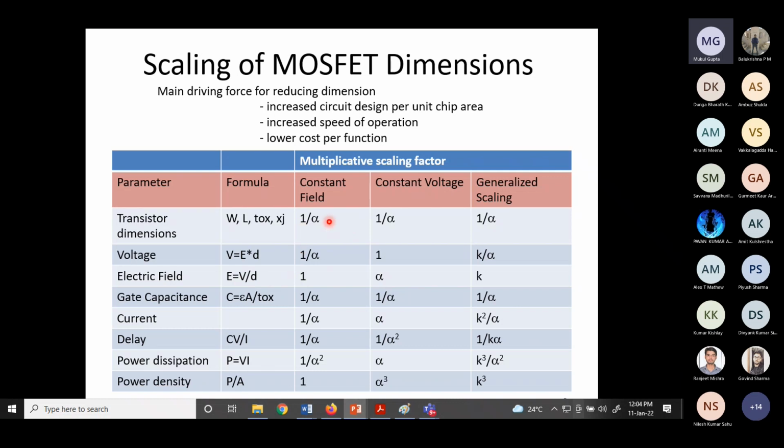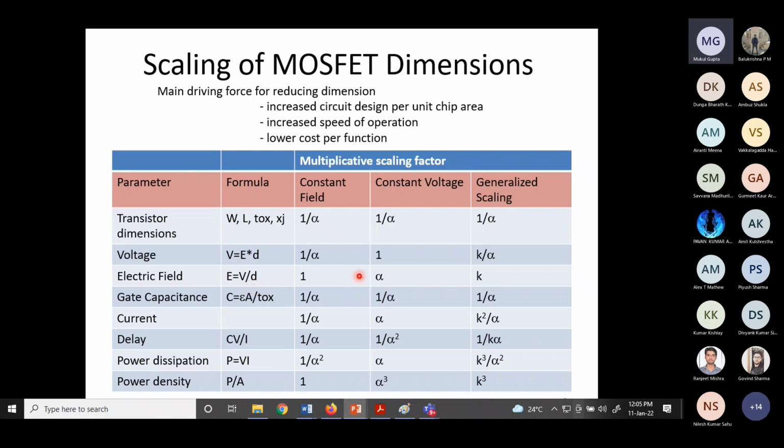As we reduce the dimension of the FET, we have to reduce the voltage so that the field remains constant, because the field is equal to V over D. So if we reduce D by alpha times, we have to reduce V by alpha times as well, right?